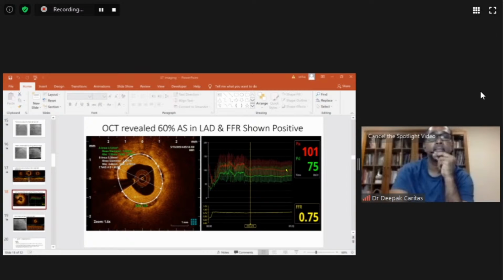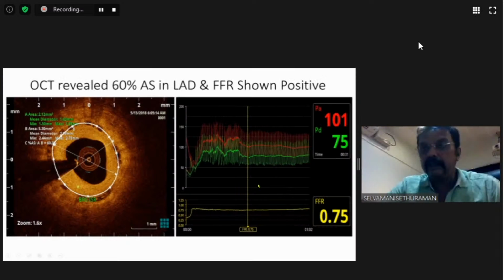So in this patient, we had to take the help of FFR, and you see the FFR was significantly positive. Keeping this in mind, we had to go ahead and stent it.